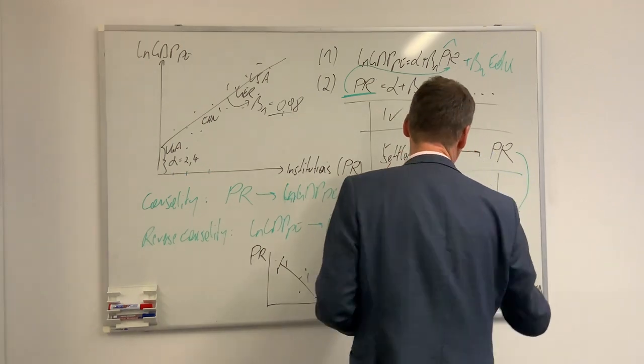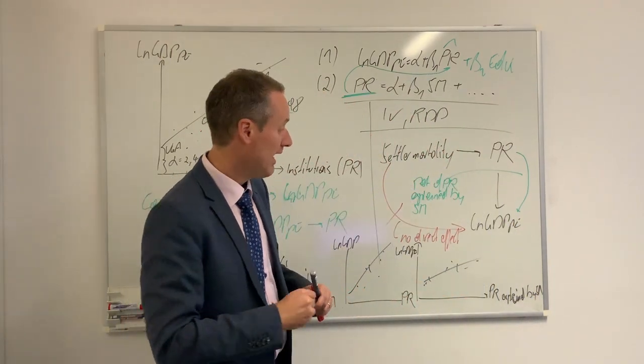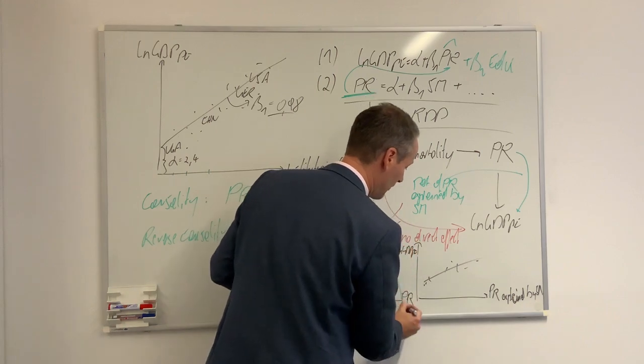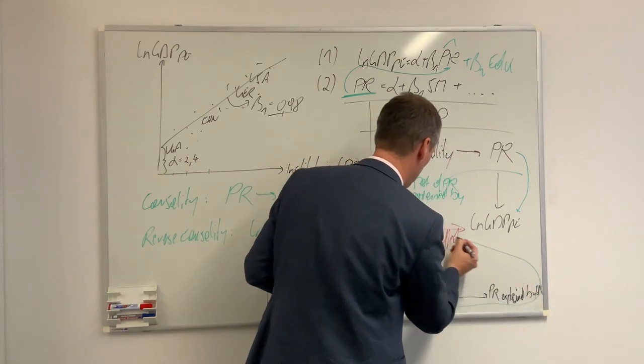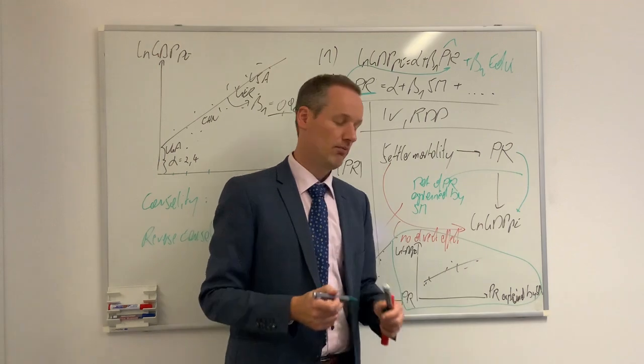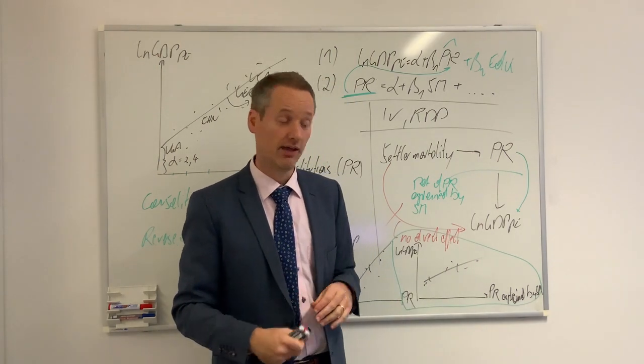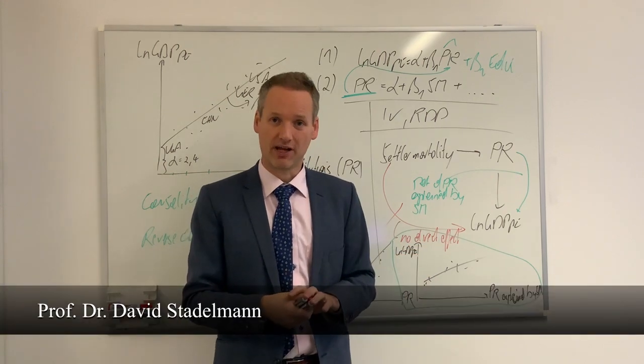Not that strongly anymore, but also positively correlated. And here, at the end, I can make a credible causal claim that the property rights explained by settler mortality causally affect the GDP per capita.